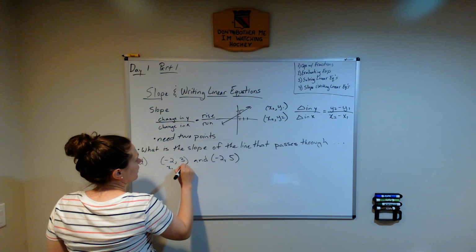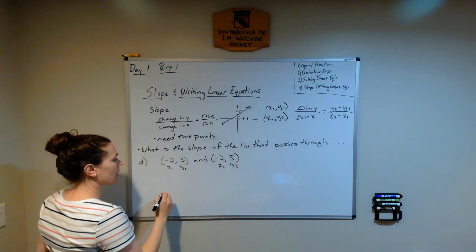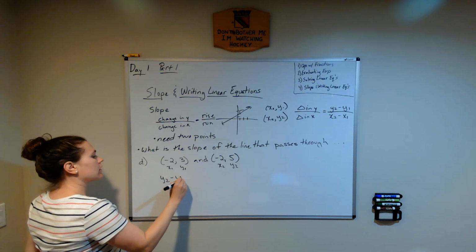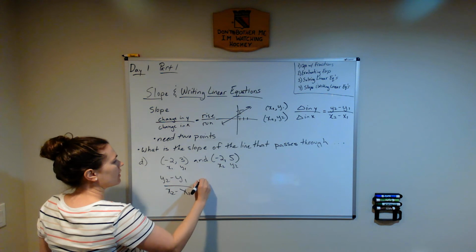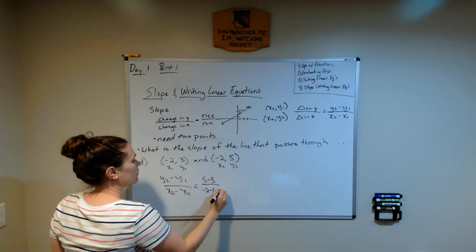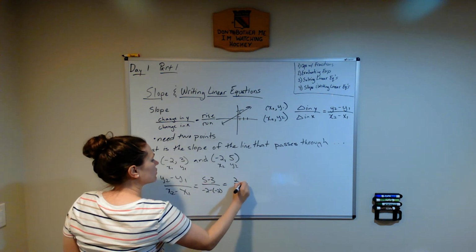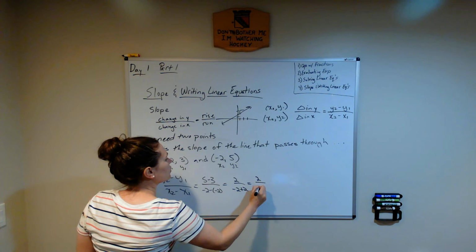So x1, y1, x2, y2. So y2 minus y1 over x2 minus x1. That's going to be 5 minus 3 over -2 minus -2. So 5 minus 3, that's going to be 2. This is going to become -2 plus 2. This is going to become 2 divided by 0.